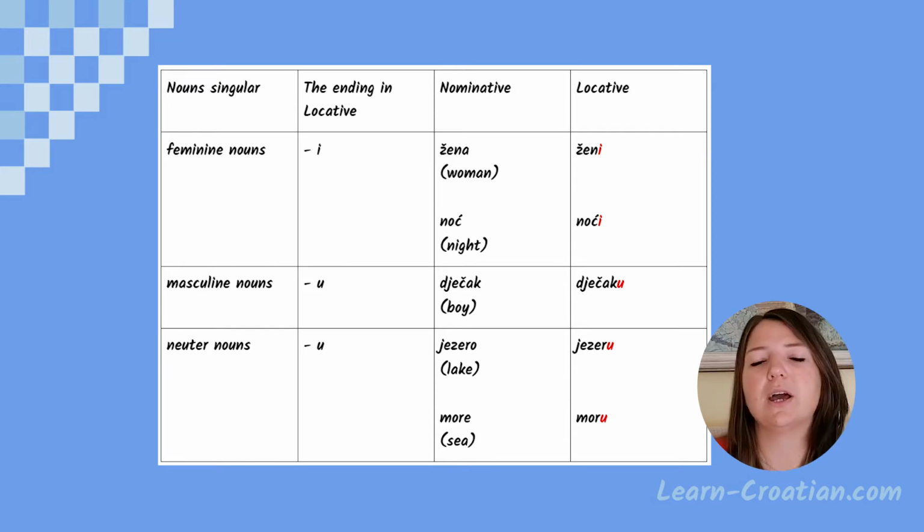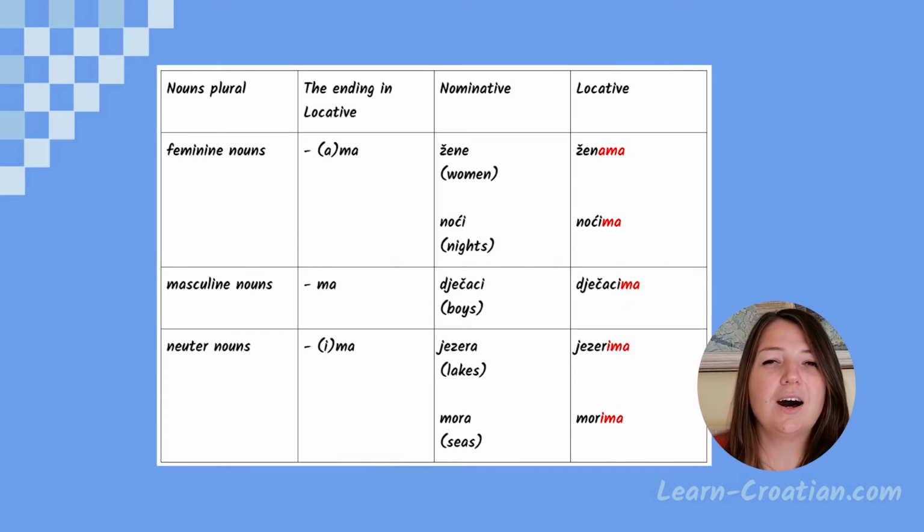For the neuter nouns, it's the ending U. So you have jezero, which is the nominative for lake. The locative would be jezeru. Or more, which is the nominative for sea. The locative would be moru.